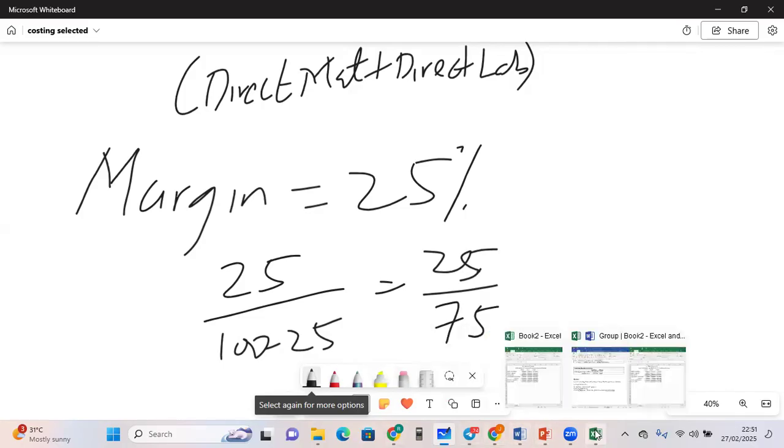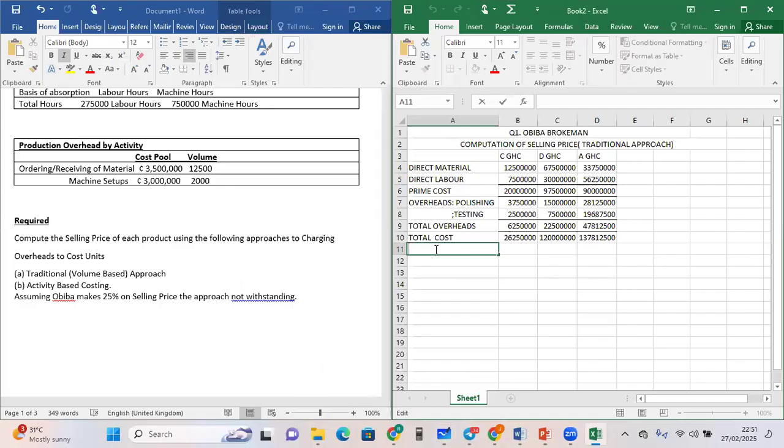Right. So the markup rate is equal to 25 over 75. So here, equal to 25 divided by 75 times this one, the total cost.